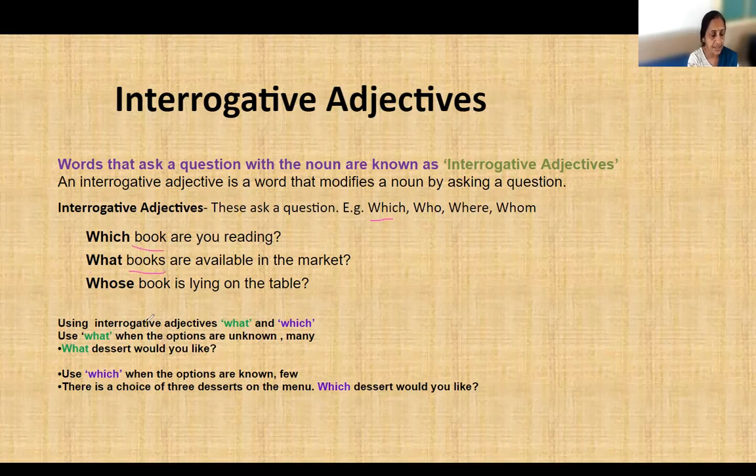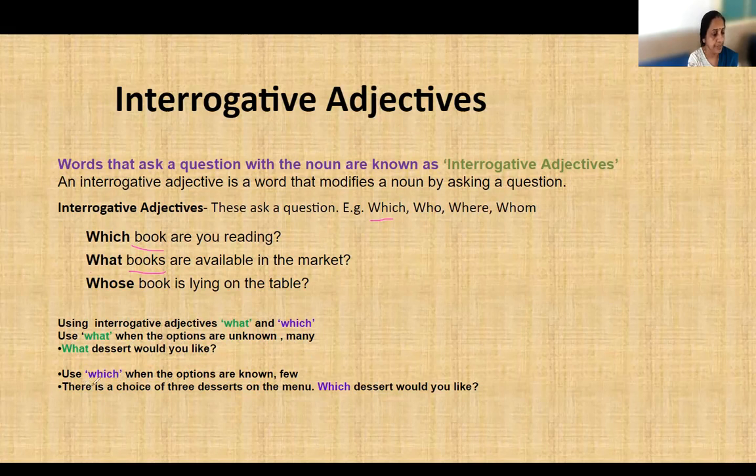Now, the usage of interrogative adjectives what and which may be a little confusing, but the thing to keep in mind is that you can use what when the options are not known. You do not know which are the options. There are many options. What dessert would you like?